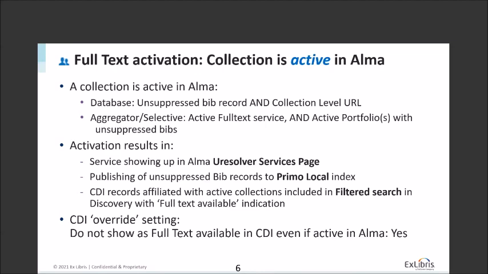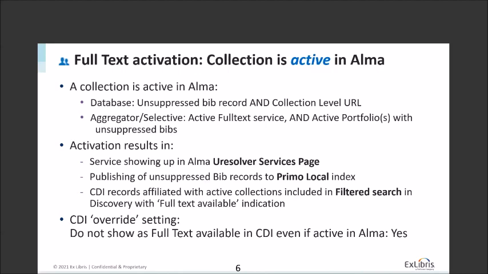Additionally, this activation will also make sure that CDI records affiliated with the active full text collection are included in the filtered search in the discovery, and you'll get this green full text available indication for the records. So this is an active collection in Alma. Once it's active, you'll see it in your uResolver, you'll see it being published to Primo Local, and you'll see it in the CDI filtered search.